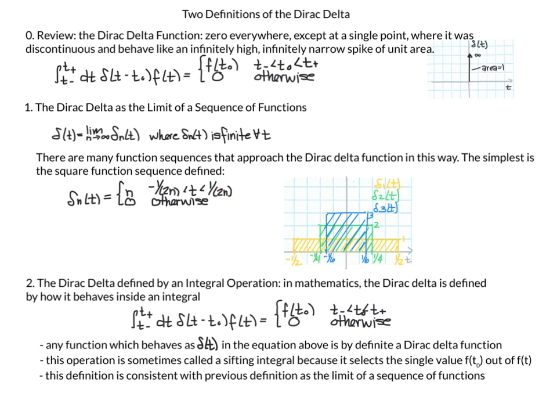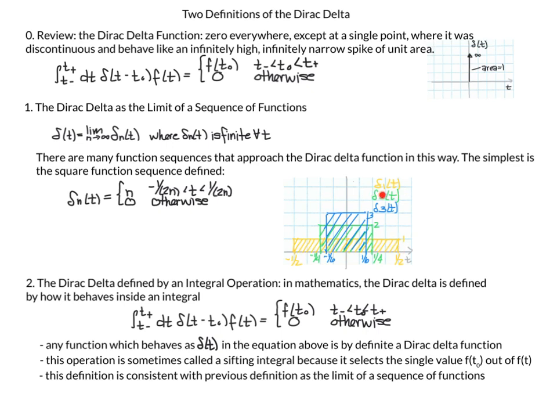For d1, when n is equal to 1, the height of our function is 1 for t between minus 1/2 and 1/2. You can see you have this wide base, 1 unit high. The base is 1 unit across, so the area is 1.